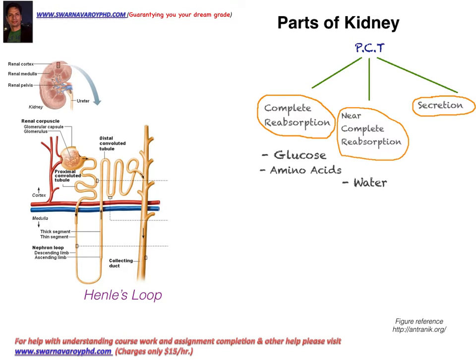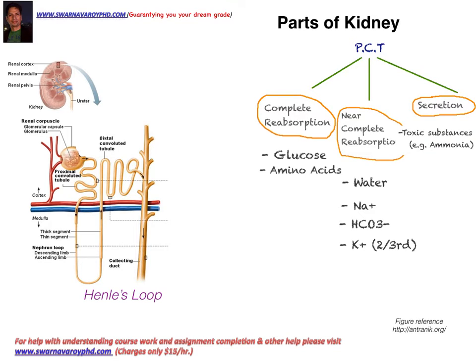Coming back to the near complete reabsorption, 80% of water that's given out by the glomerulus is taken back, and most of it happens in the PCT. And then sodium ion is taken back, 80-90% of bicarbonate ion is taken back, and 2/3 of the potassium ion is reabsorbed at the PCT.